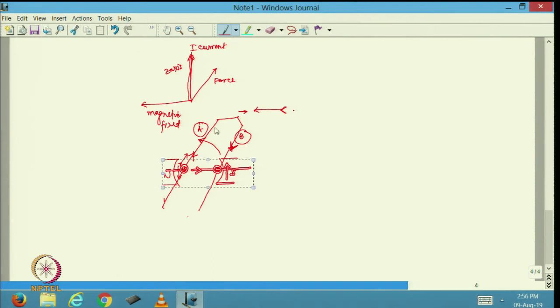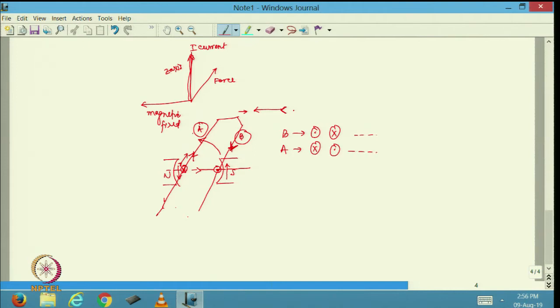After some time, the same conductor will be rotated by 180 degrees, because of which it will occupy the position of A. So, you would see that the current has become cross. So, you would see that B itself will be carrying dot current and cross current and so on and so forth, whereas A will be carrying again cross current and dot current and so on and so forth.